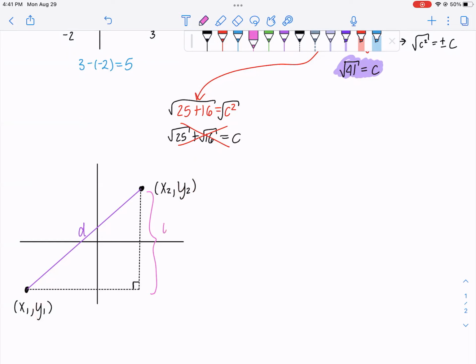So y2 minus y1. Down here, the difference in x values is going to give us that other leg of that right triangle. So x2 minus x1.